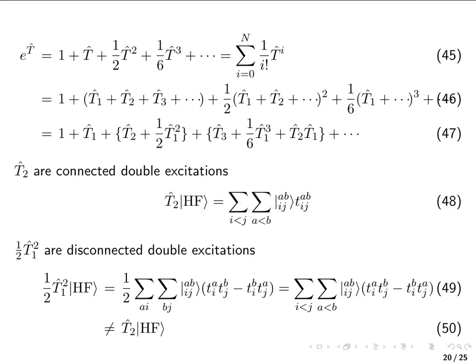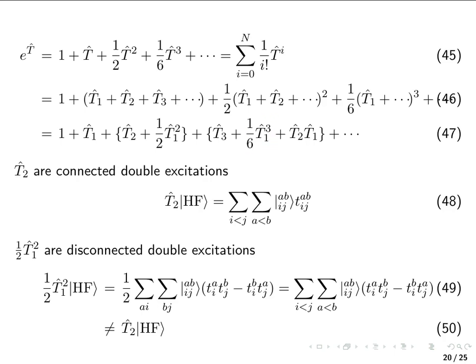Let's look at this expansion once again. Because if I only would include the T1 operator in my cluster operator, so it only would consist of single excitations, then of course here I have 1. T1 will generate all singly excited determinants. 1/2 T1 squared will generate all doubly excited determinants, but of course only with the disconnected amplitudes.